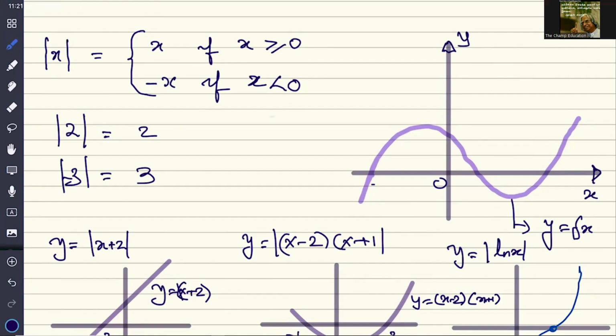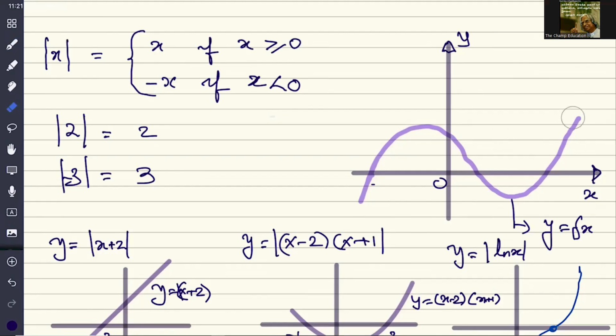In future, we will be doing a lot of questions. For an example, if I have a graph similar to this one, it's a quadratic graph. In this case, if you want to draw the modulus value, it always reflects anything underneath the x-axis. So the graph will be exactly the same as this.